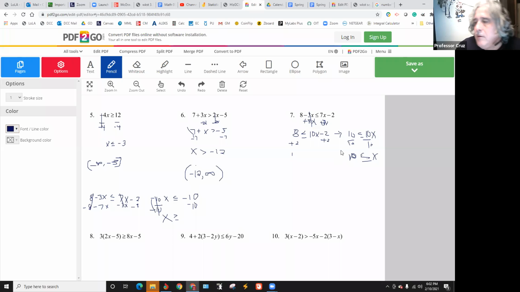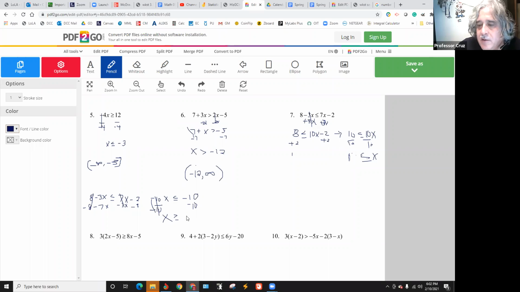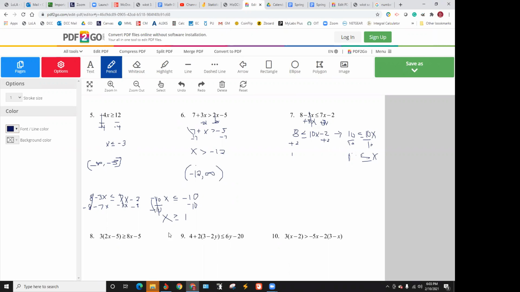Oh, yes, 1. That should be 1. I apologize. It should be 1, because it's 10 divided by 10, right? So let me fix that. So that was 1 is less than or equal to x, or x is greater than or equal to 1.